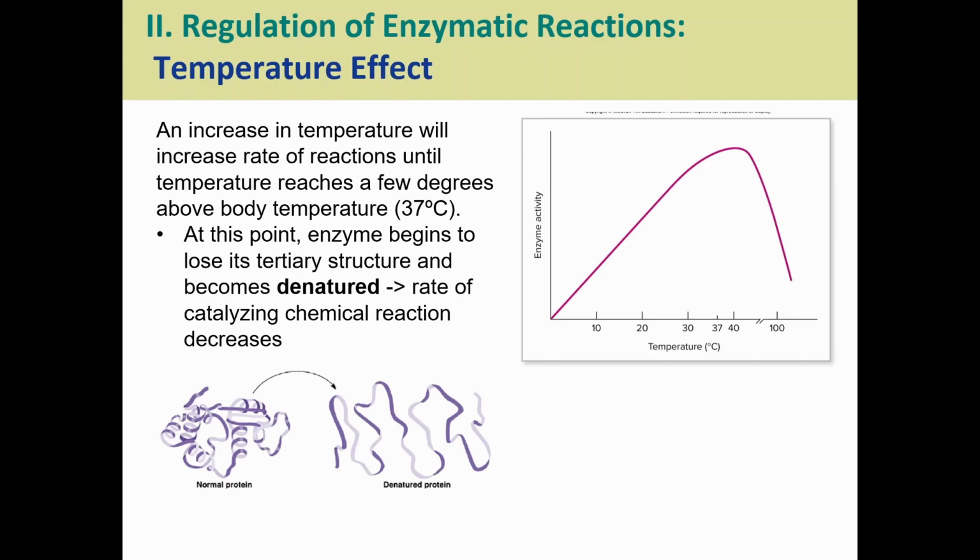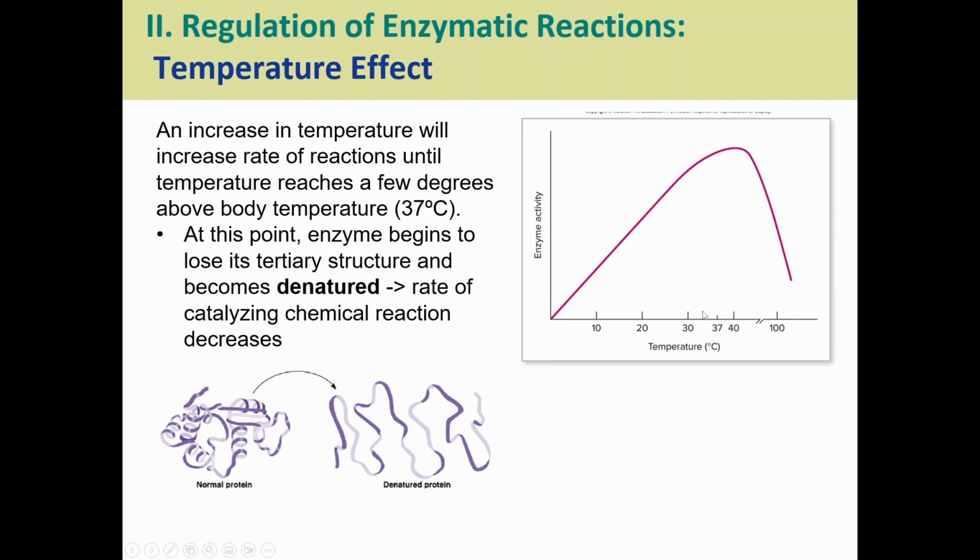So let's talk about temperature's effect. Temperature usually will increase the rate of a reaction. So the higher the temperature, the faster the reaction will go, basically until we get a little bit above body temperature. At that point, the protein, the enzyme, starts to lose its structure. So if we look at enzyme activity, this is all in Celsius. Here's where we would get to body temperature, right over in here.